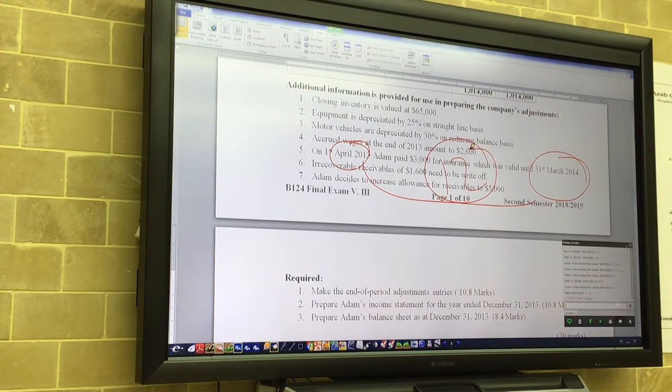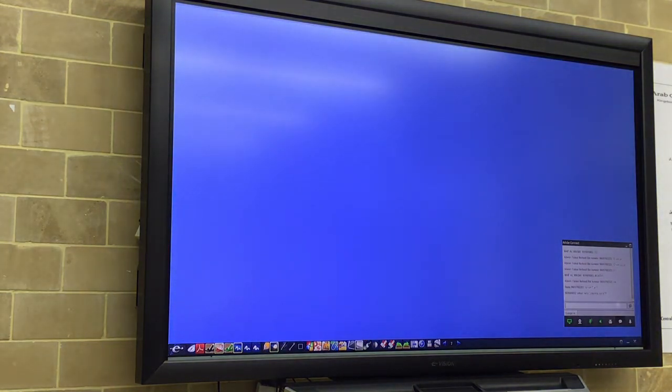So we will prepare the adjustment entry for 9 months, from April. He paid on 1st April 2013 for 1 year, meaning until end of March 2014.